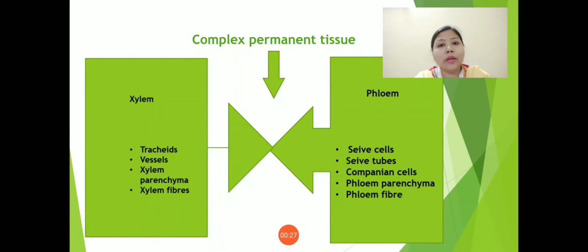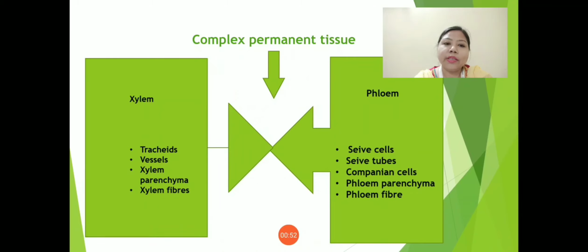It helps in the conduction of materials inside the plant body, and it also constitutes a vascular bundle. It is because of the complex permanent tissue that plants are able to survive in the terrestrial environment, and xylem and phloem are the types of complex permanent tissue.